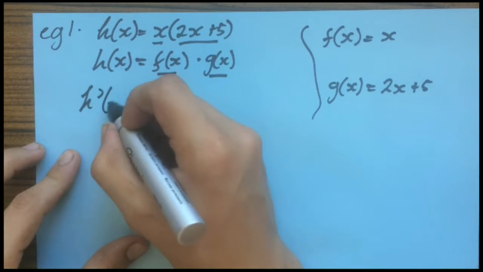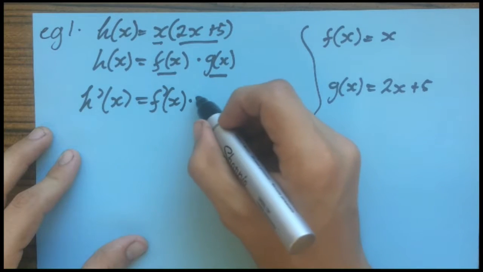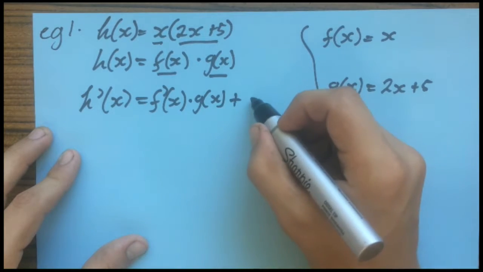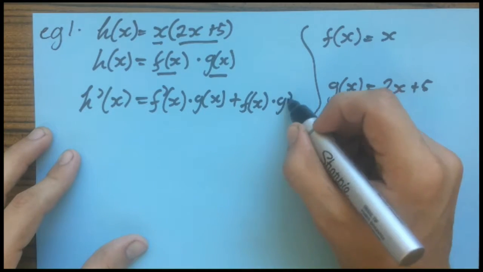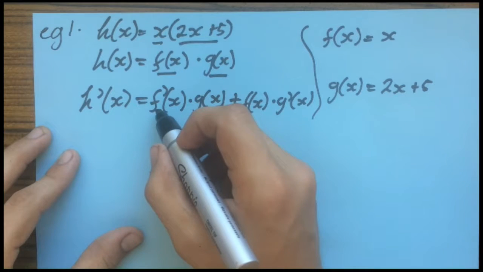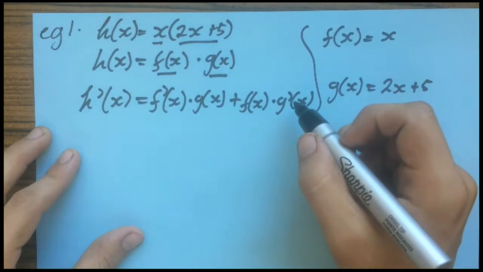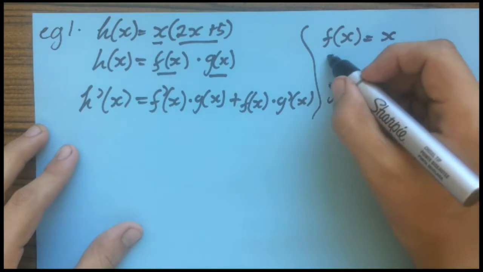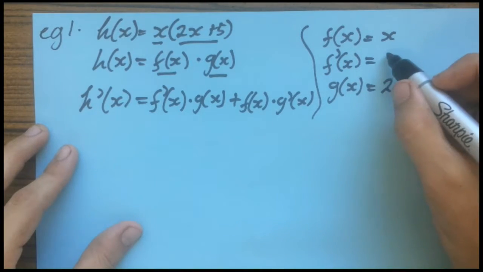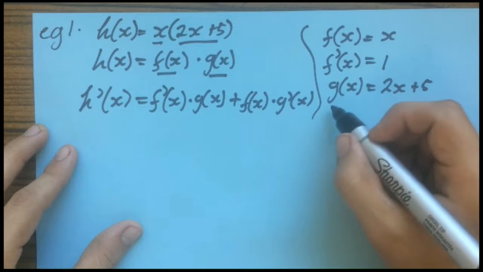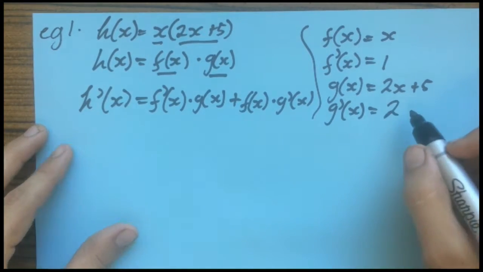Now the derivative is f dash x multiplied by g of x plus f of x multiplied by g dash of x, which is the derivative of f multiplied by g plus f multiplied by the derivative of g. So if we were to do those over here, separate our workings, derivative of x equals 1, the derivative of 2x plus 5 equals 2.